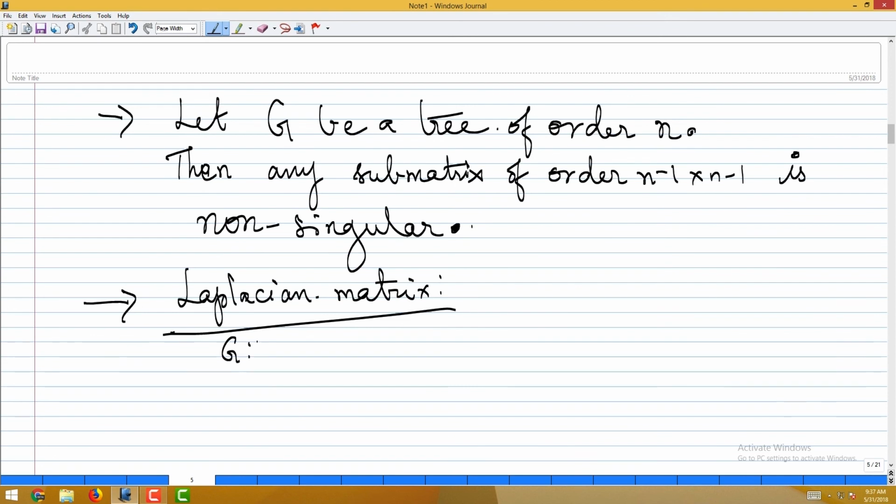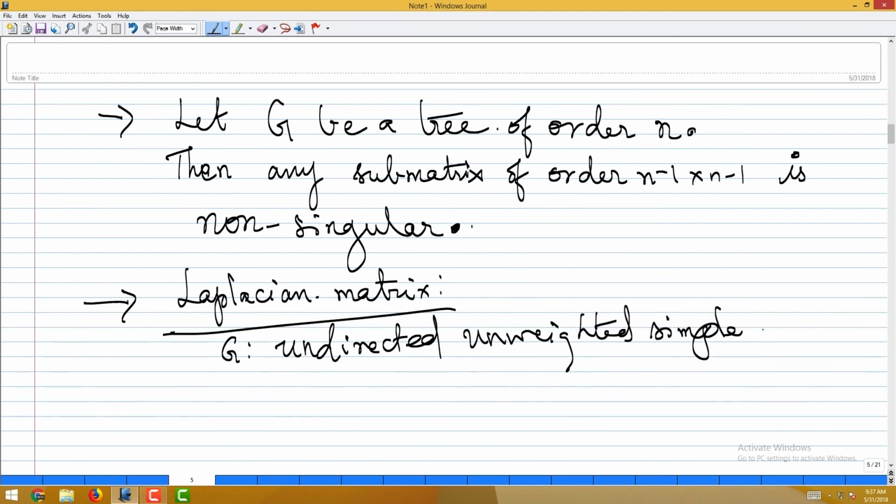Every time we define, we restate it again and again, just for you to remember. Okay. So, let us keep it simple: undirected, unweighted graph. In fact, I do not want to allow at this point of time any loops or multiple edges also. You can also study these spectral properties in each of those cases.